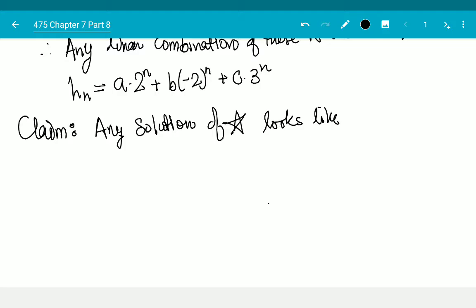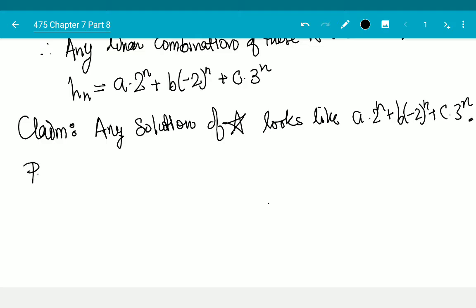Looks like a times 2 to the n plus b times (-2) to the n plus c times 3 to the n. Okay, and here's how we do it.